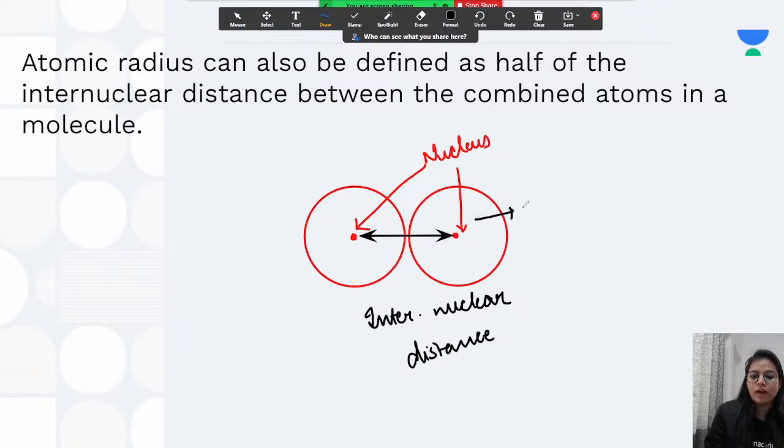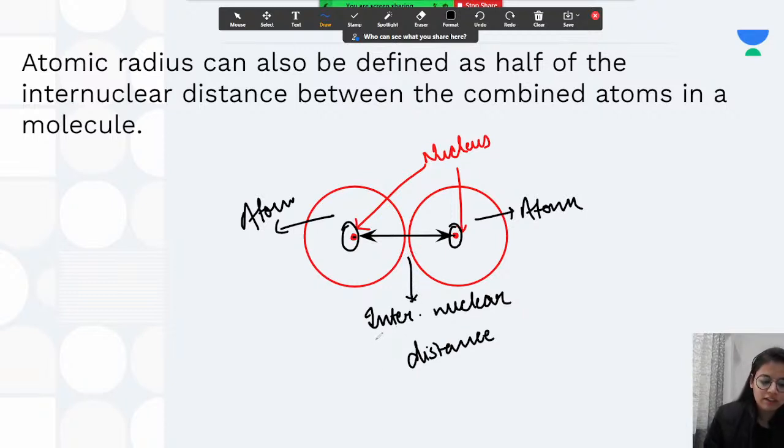This being their nuclei, the distance from the first nucleus to the second nucleus is the internuclear distance.